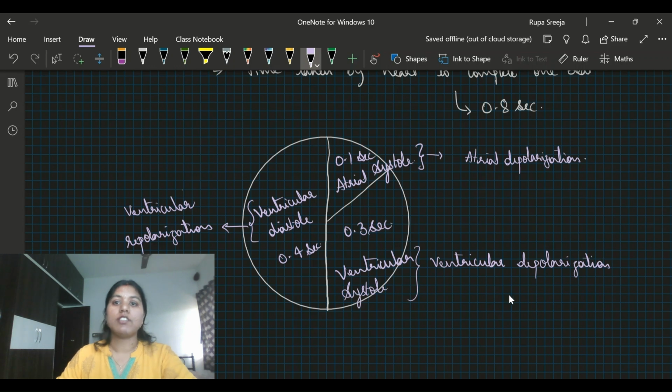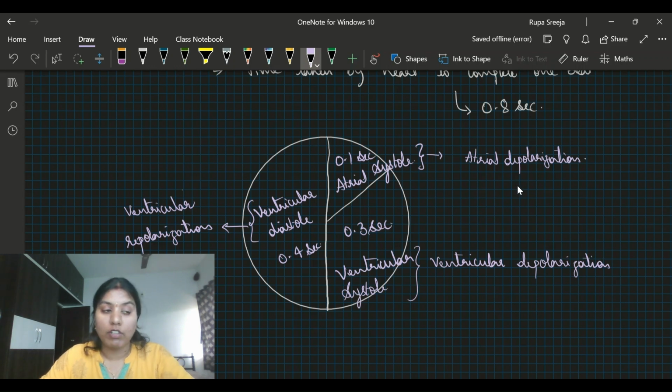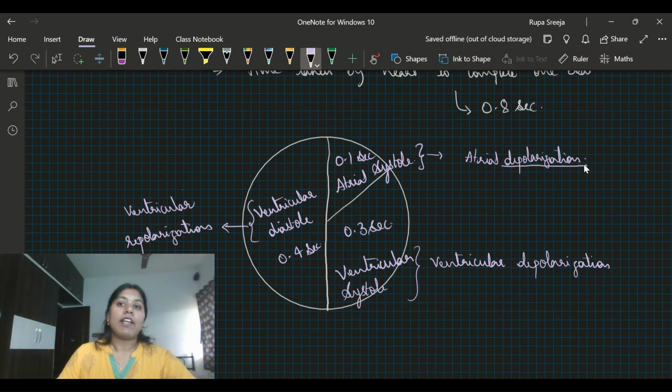If you remember the concept of muscle contraction, depolarization means the muscular membrane is undergoing contraction. So here also, atrial depolarization means the atria are getting contracted. This atrial depolarization takes only 0.1 second.